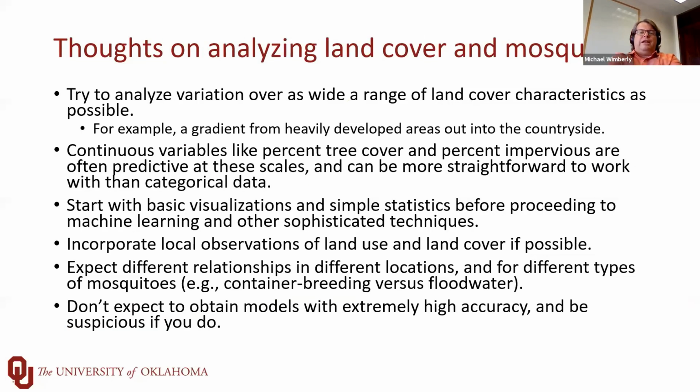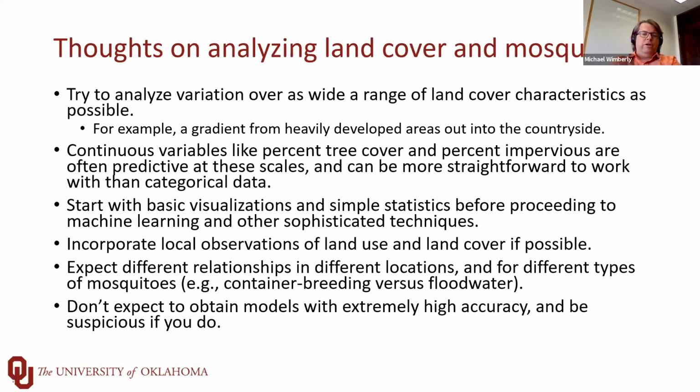And then, again, I don't want to spend a lot of time on this, but here are some lessons learned for anyone on the call who wants to look at land cover and mosquito relationships. One thing you have to deal with is that the relationships are always going to be noisy no matter what.